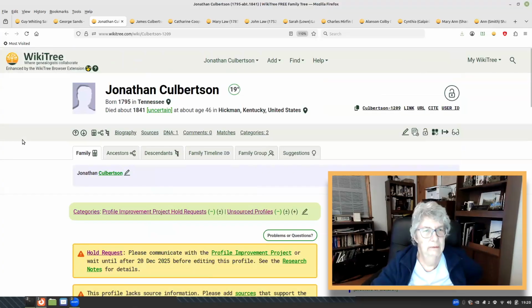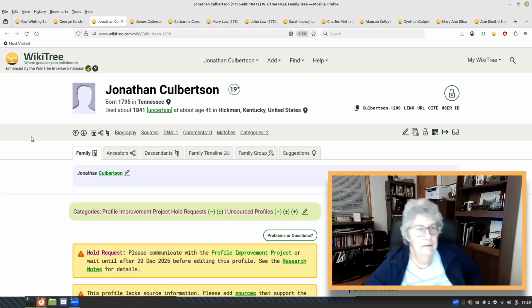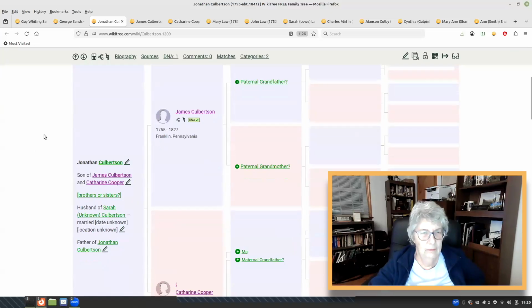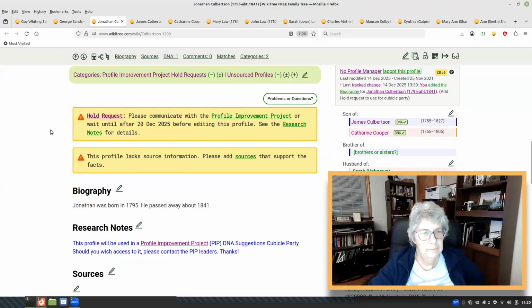Who's next? Jonathan. Let me look at my cheat sheet here. Jonathan and his parents, they're both marked as confirmed with DNA. Right.